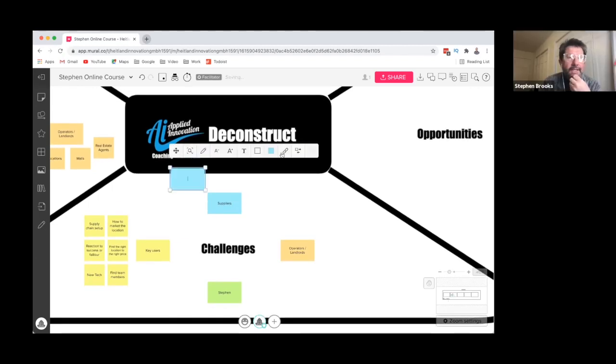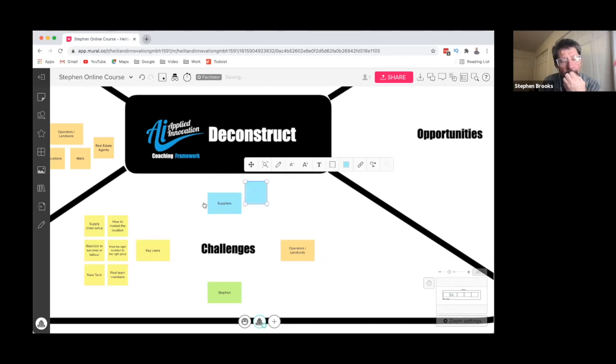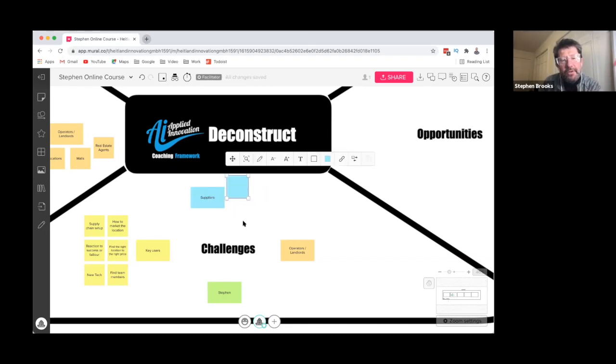I think the supplier key challenges are, I guess, being able to meet the demand of the users at a reasonable cost.